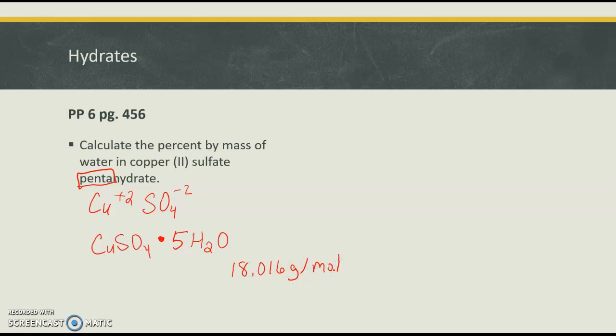We have 5 water molecules in this example, so we will multiply by 5. This will give us 90.08 grams per mole. Because this is water, we will put this at the top.